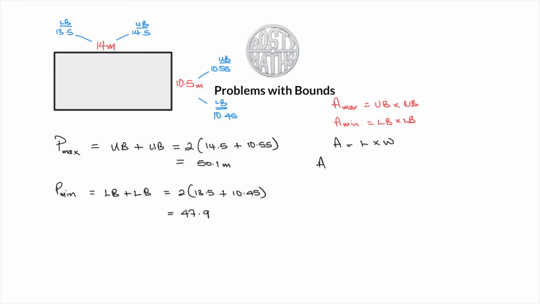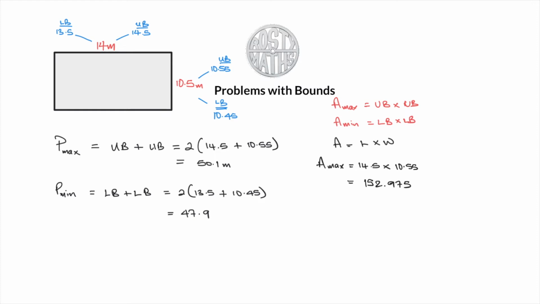So then our area max is going to be, you take the upper bound for the length, which is going to be 14.5, and you multiply by the maximum width, which is 10.55. And then just quickly multiply those together, which will then give us 152.975.